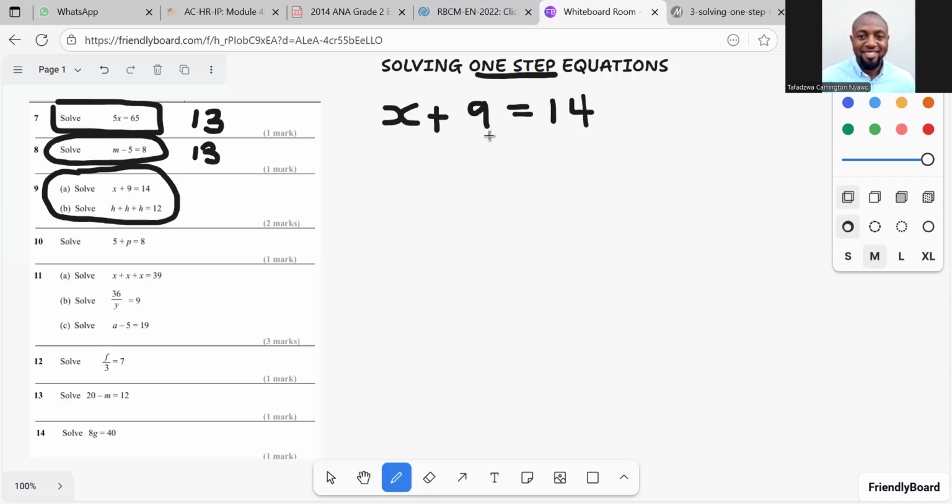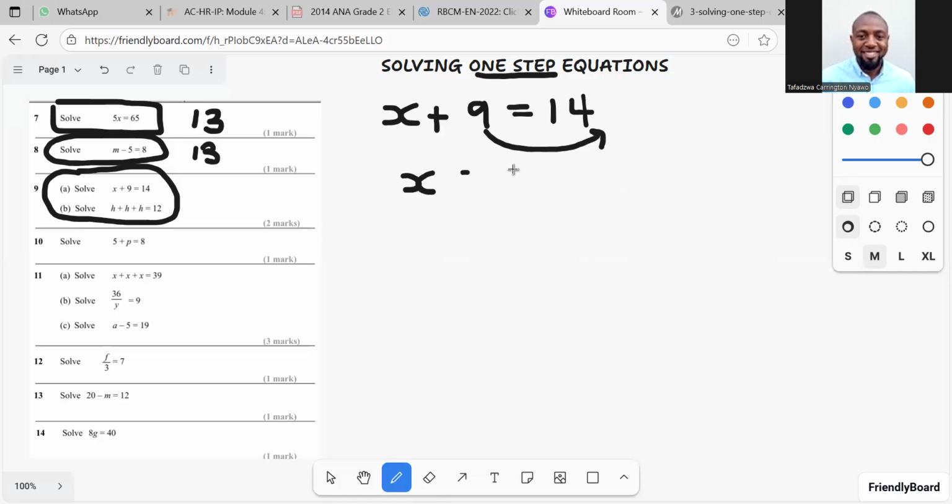I'm gonna take this 9 to the other side so that I can make x alone on the left, or I will take 9 to the other side to solve for x. Okay, so if 9 goes that side, that means x is going to remain by itself on the left side.